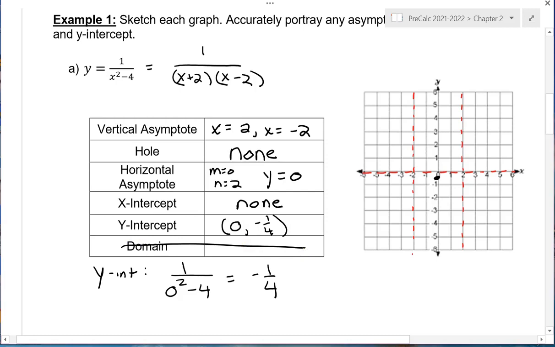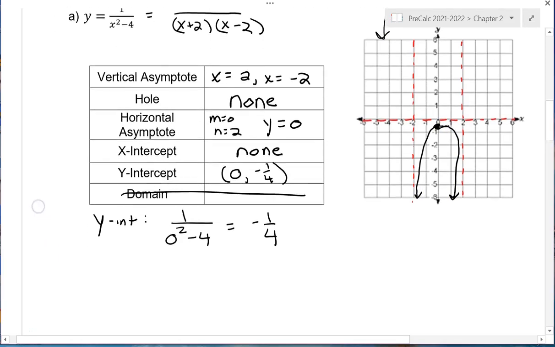So now what I'm going to do is start sketching. And all I have is one point inside this one area. So snug up to the asymptote. Go through your point. I can't cross. I'm going to snug back up to the asymptote there. I need some points over here in this area. So I'm going to plot myself an XY table.